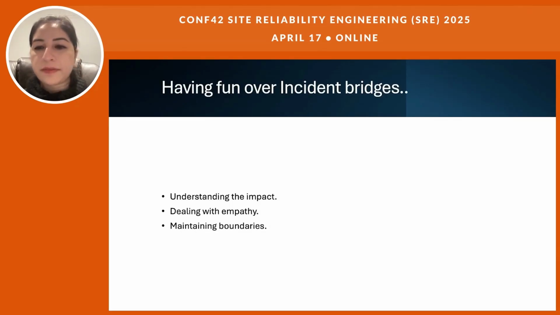So, while wrapping this up, let's discuss some tips and tricks for dealing with difficult incident bridges. And I promise you, you will definitely come across at least one in your lifetime if you start working as an SRE incident manager, or if you're already working as an SRE or an incident manager.